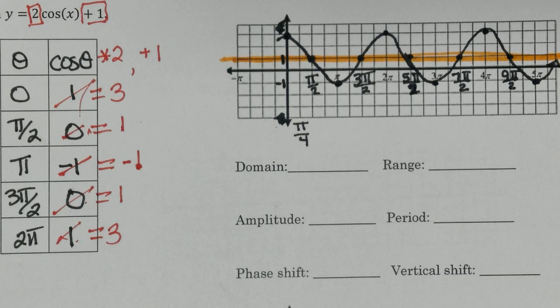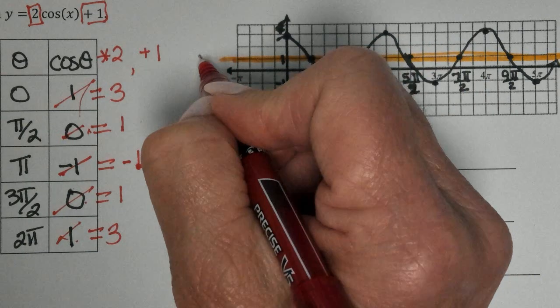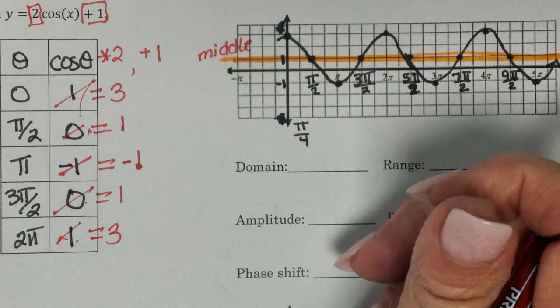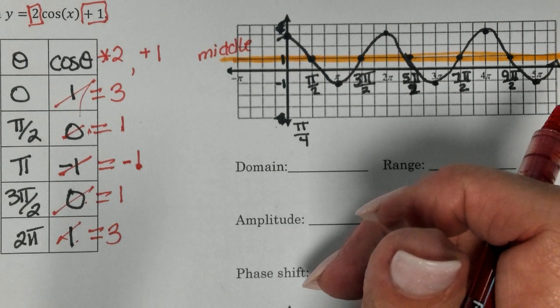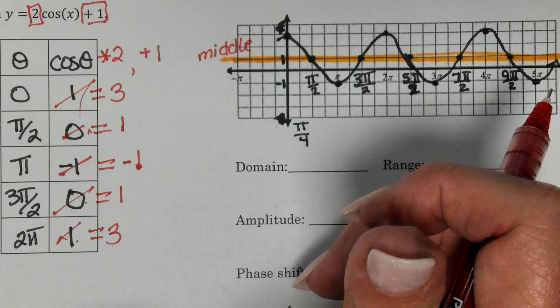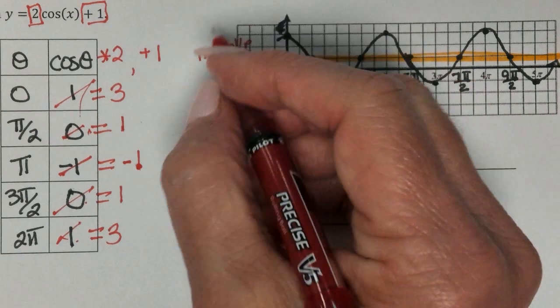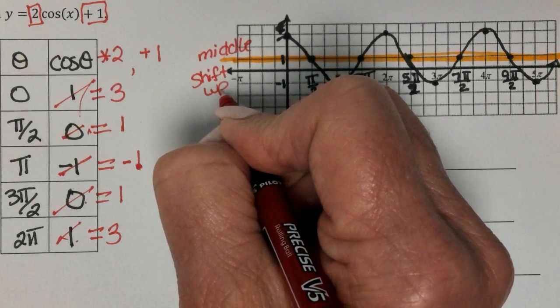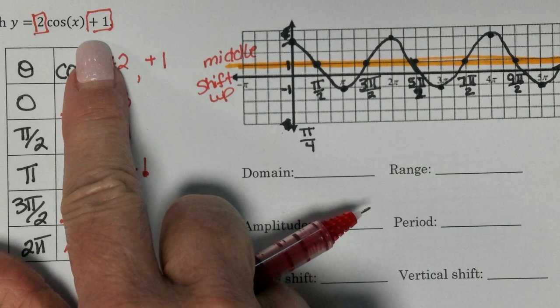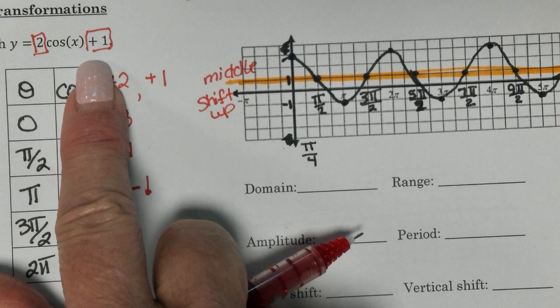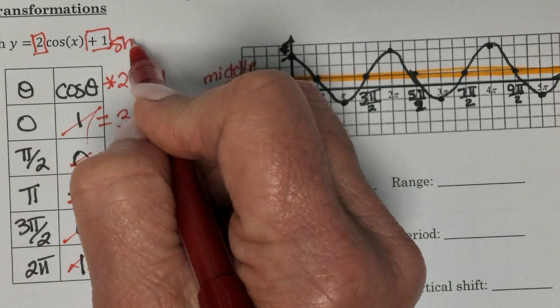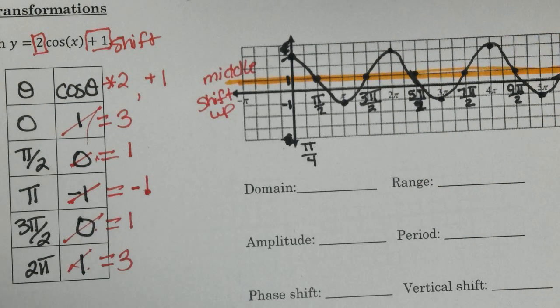That is the middle, and it's super important to find that middle to make sure that you get a lot of your other features done correctly. That middle has shifted up because our graph told us to shift up. So that shift affected where the middle of our graph was.